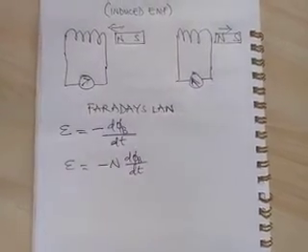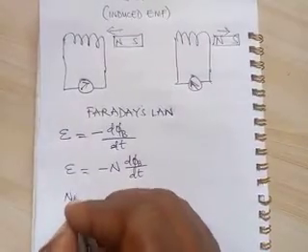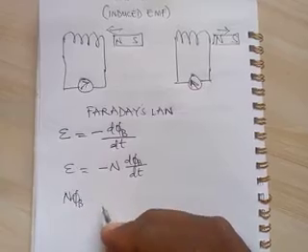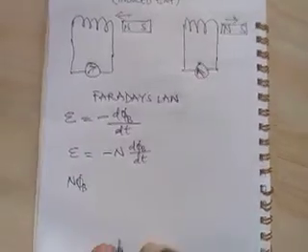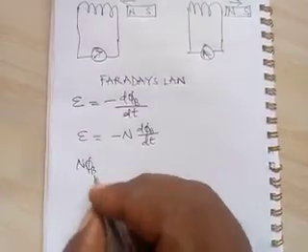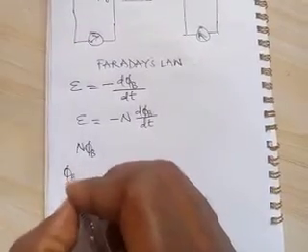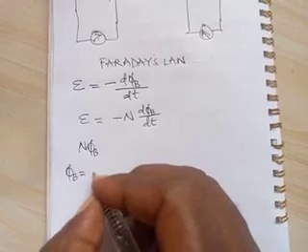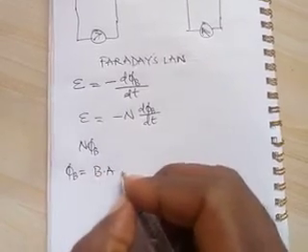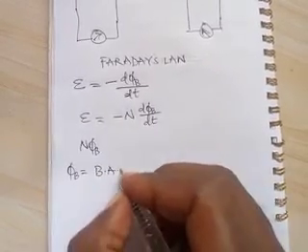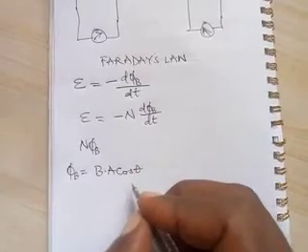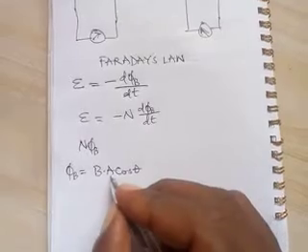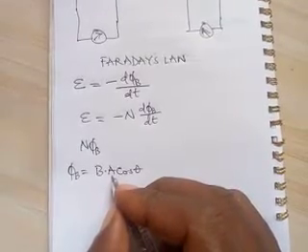This entity measures the flux linkage in the device. Remember that this is the magnetic flux, and it is given by B dot A, or B A cos theta, where theta is the angle between the field and the normal to the surface, and A is the area of that surface.